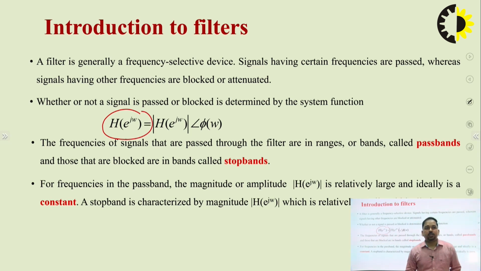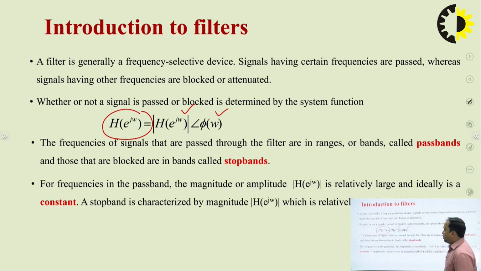Whereas we have seen that the frequency response can be written in two different ways. One is called as a magnitude and the other one is called as a phase. So we have the magnitude plot and the phase plot.